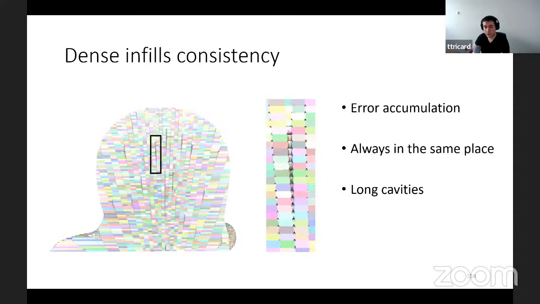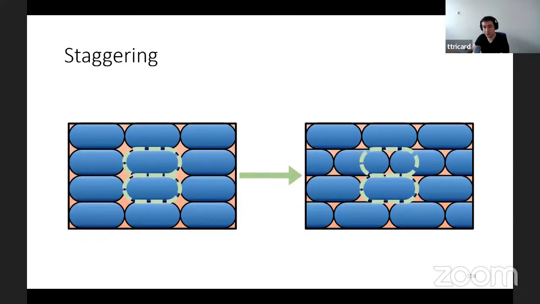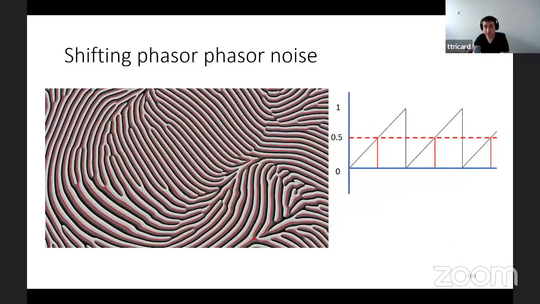And so our approach for that was to use a staggering strategy. So staggering here means that we will slightly shift the trajectory of every odd layer such that if there are defects, they will also be slightly shifted. And the nice thing with Phasor noise is that we can do that quite easily by simply applying a phase shift onto the profile function.